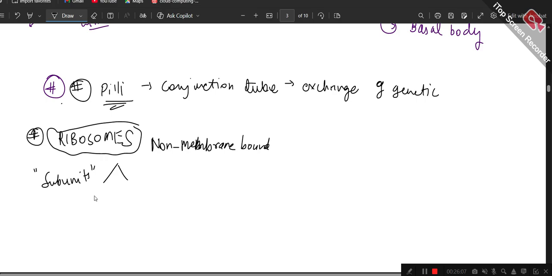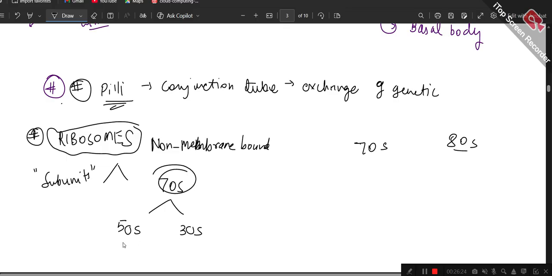First of all, there are two types of ribosome: 70S and 80S. The 70S one is found in the prokaryotes. The 70S is made up of two subunits, 50S and 30S. If you add them, you'll get 80, but the subunits of 70S are 50S and 30S, so don't get confused.